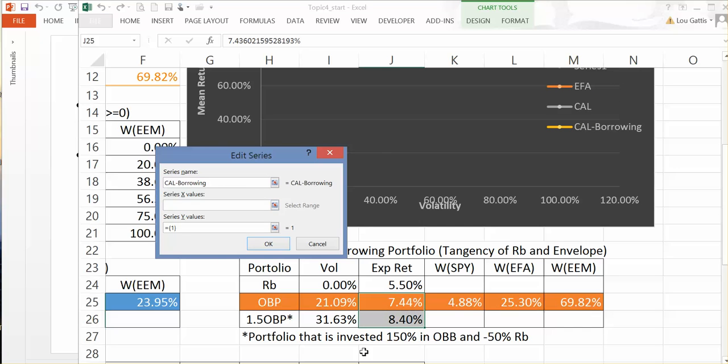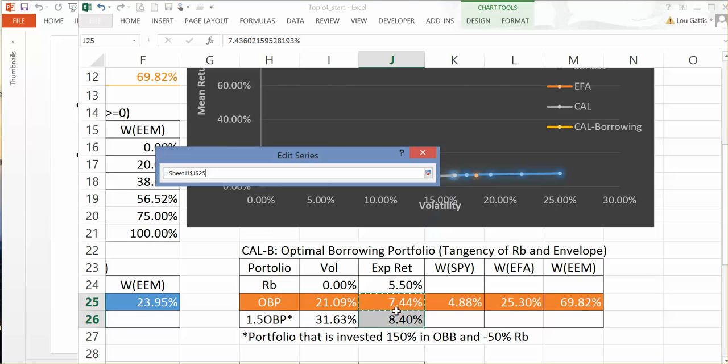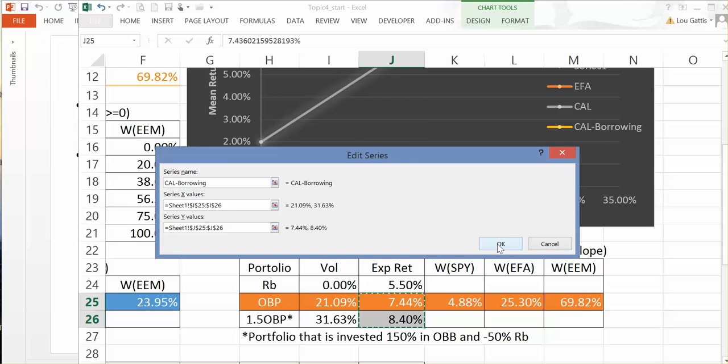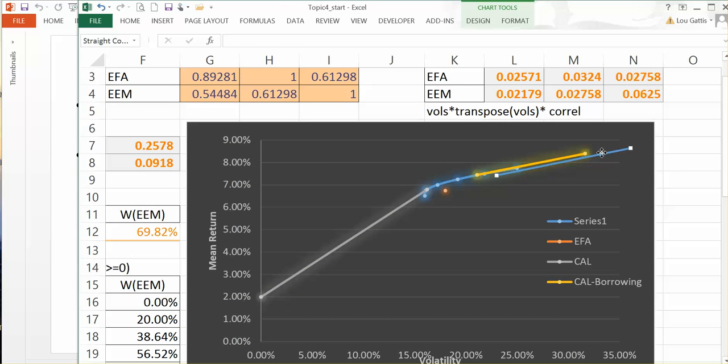I'm going to add an X series of these two volatilities and these two means. And now you see my second capital allocation line.